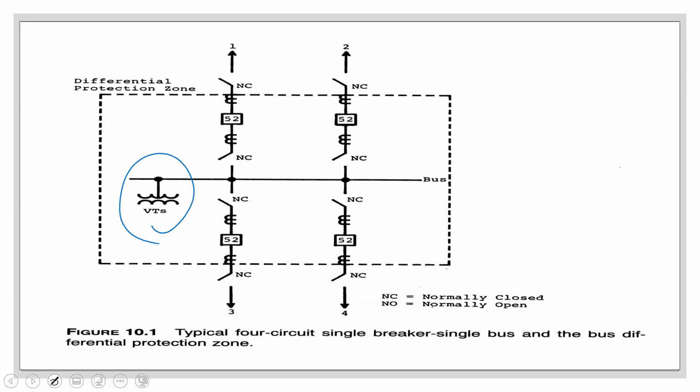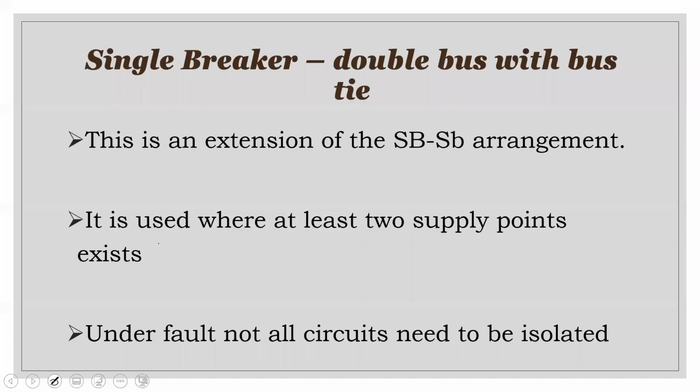Now you have a single breaker, double bus with what we call a bus tie. All right. So it's quite similar to your single breaker, single bus arrangement, but it is used where you have at least 2 supply points. Remember what I said before, that the design of your substation will be linked to the design of adjacent stations.